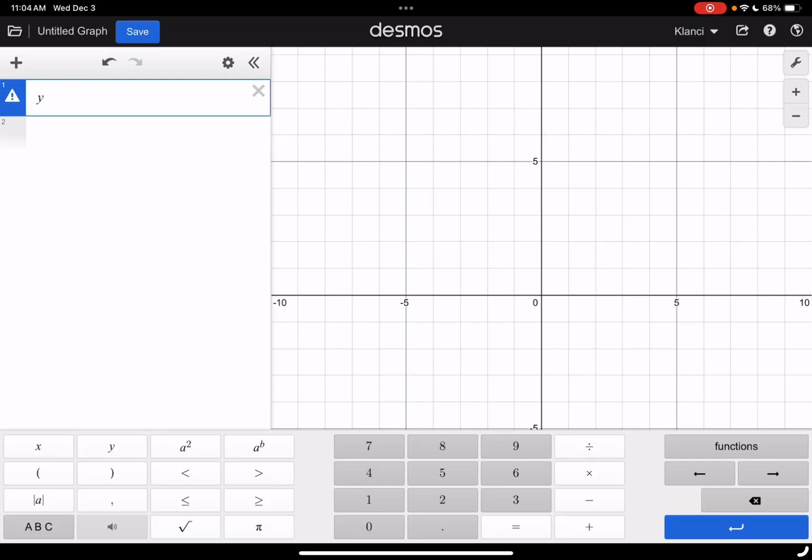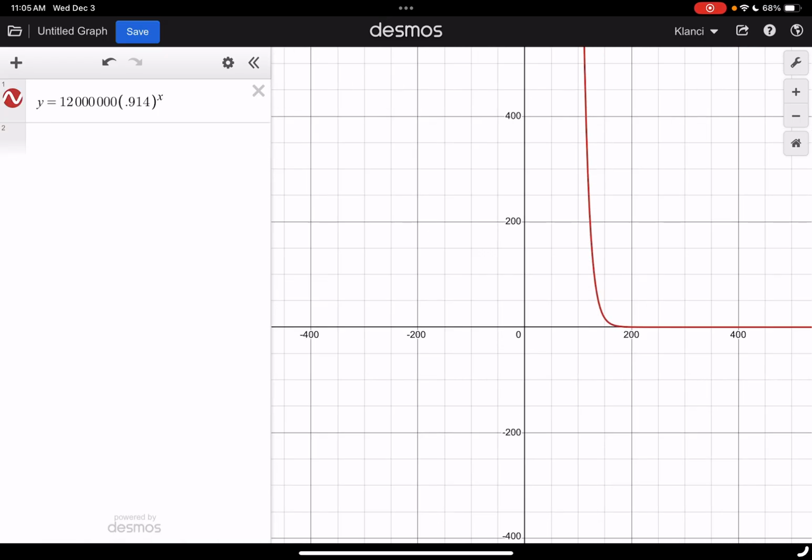Y equals 1.2 million times 0.914 to the x power. And I'm going to zoom out so we can see what's happening here.